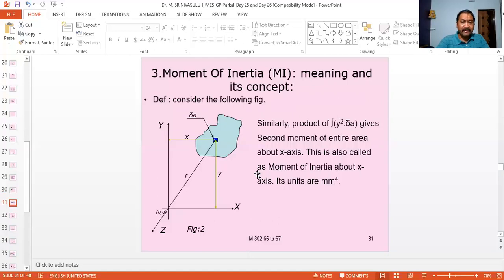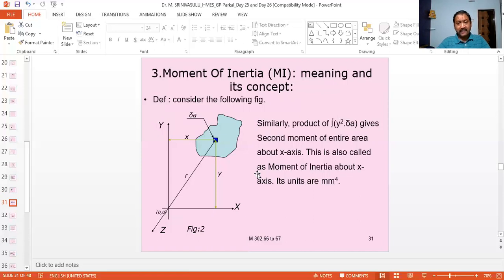If we take the integration of y square into dA, it is called the moment of inertia about the x-axis, because y is the distance of that area from the x-axis.